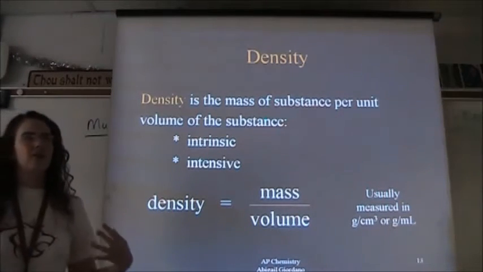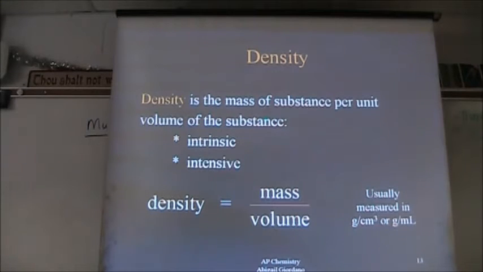If I give you a substance and we figure out it has a density of 20.1 grams per cubic centimeter, it just means there is no substance that's going to have that same exact density. An intrinsic property allows you to identify that substance based on that property.